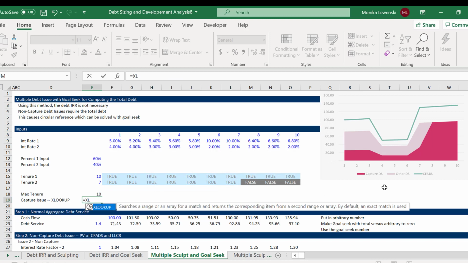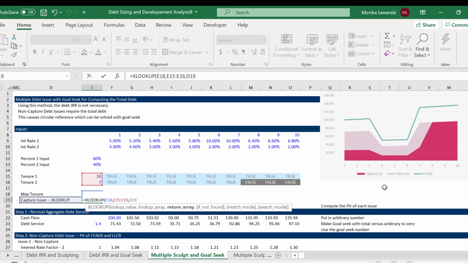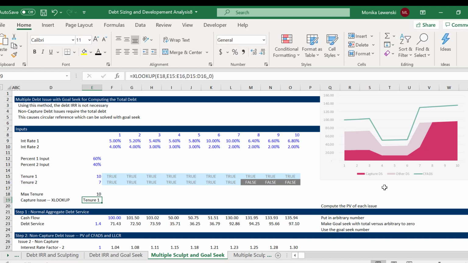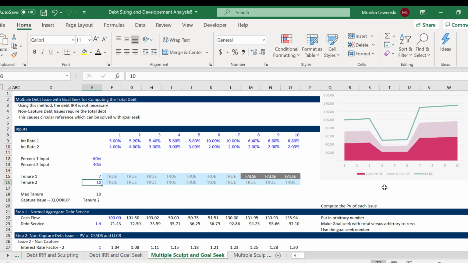Equal XLOOKUP. Okay, we're going to take this 10, look it up on these two things, and then get this thing back, and then put a 0. Okay, and it tells you it's 10 or 1. So if this was 7 and this is 10, it would be 10 or 2.